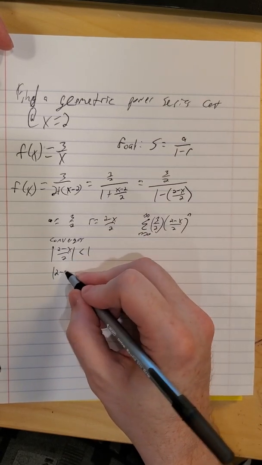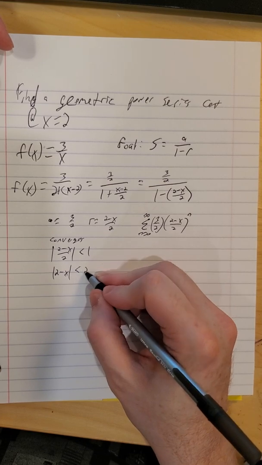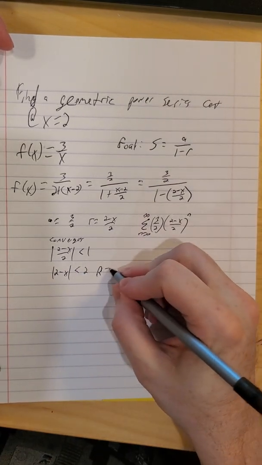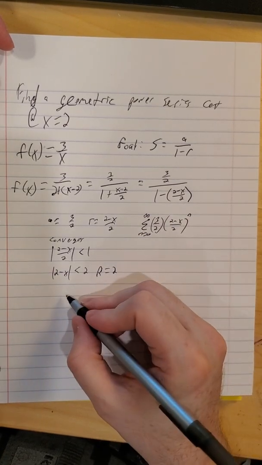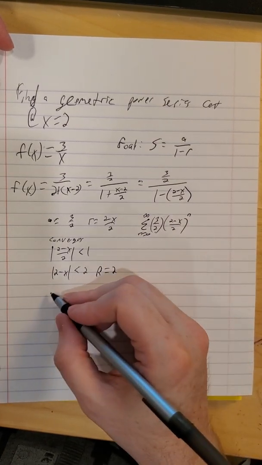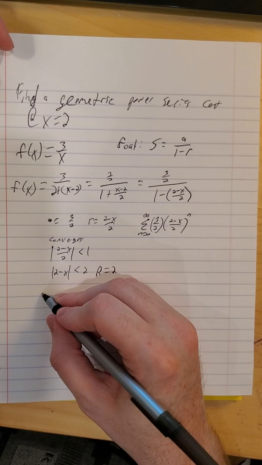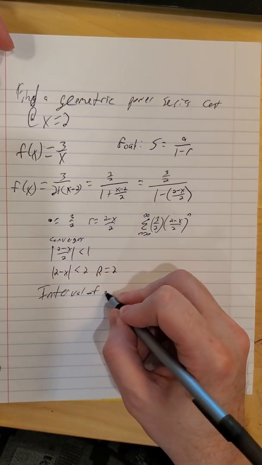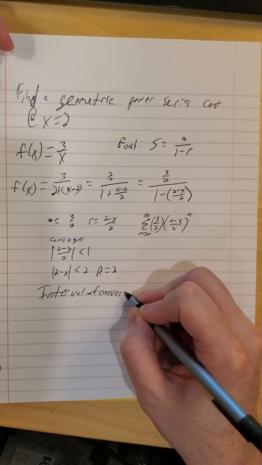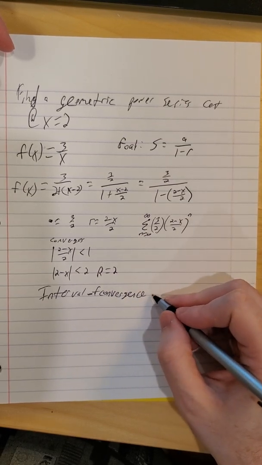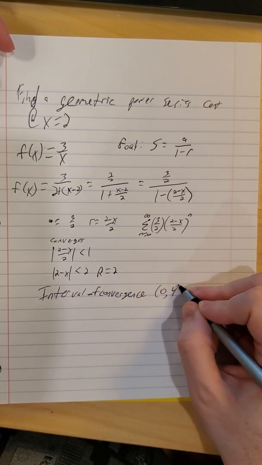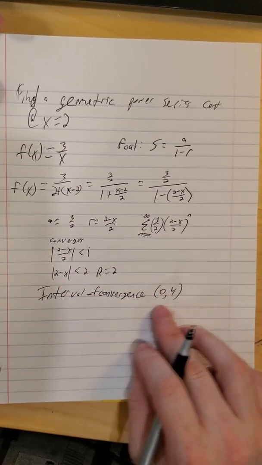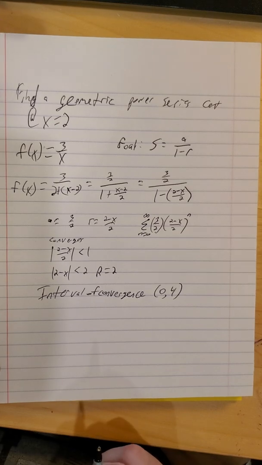So the absolute value of 2 minus x is less than 2. So here the radius is equal to 2 then. We're centered on positive 2, so our interval of convergence is 0, 4. Again, you can test the endpoints if you want to see if that's inclusive or exclusive, but we know we have at least 0, 4.